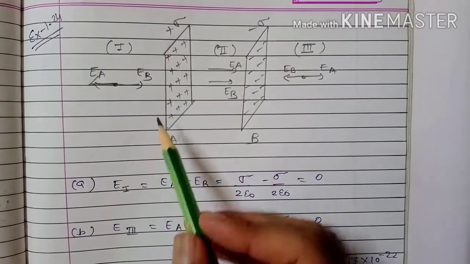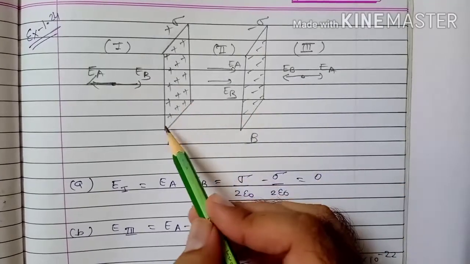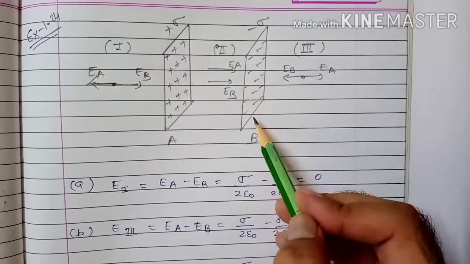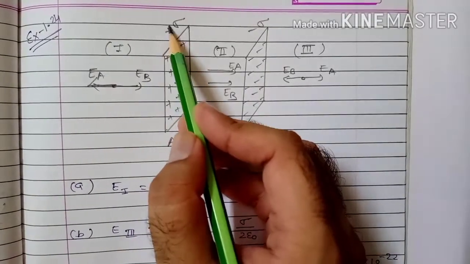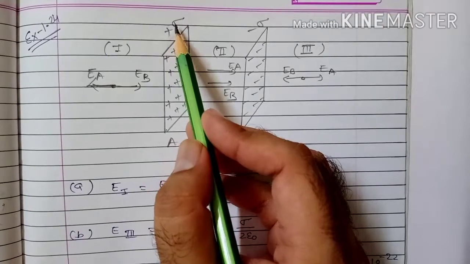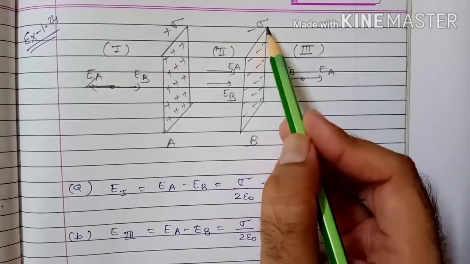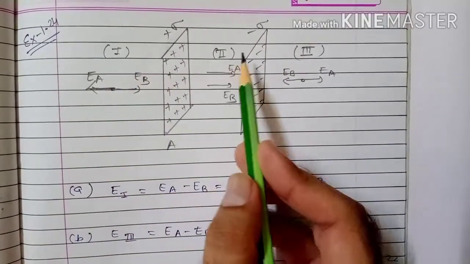Here I have taken two plates which are kept parallel to each other. Plate A is positively charged and plate B is negatively charged. Both have the same magnitude. Surface charge density of plate A is plus sigma and that of plate B is minus sigma. This is region 1, region 2 and region 3.